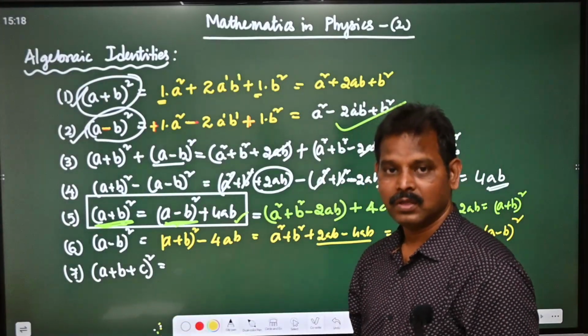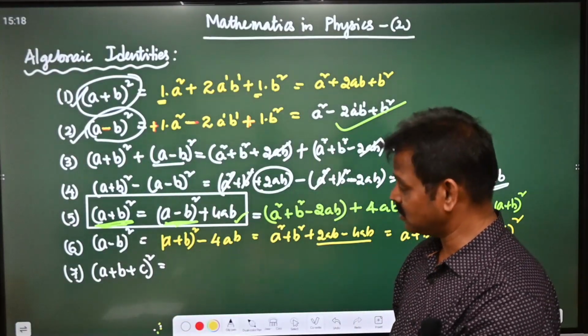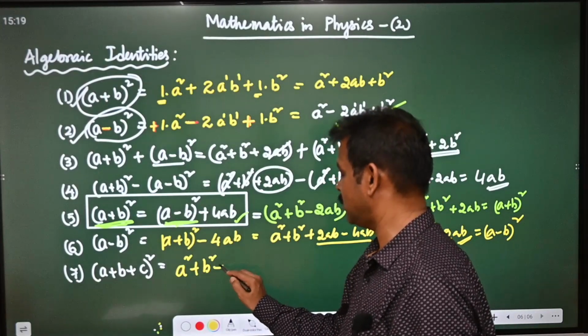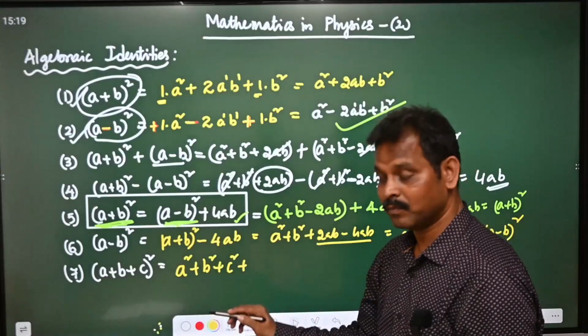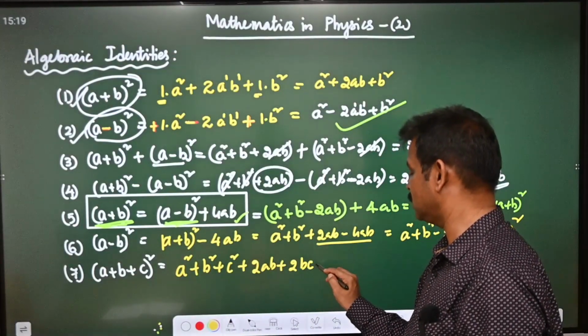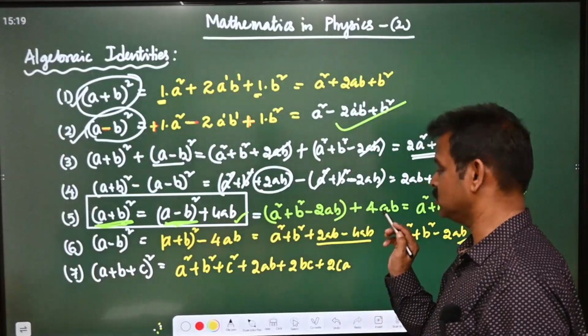The next one, a plus b plus c whole square can be written as a square plus b square plus c square plus 2ab plus 2bc plus 2ca.